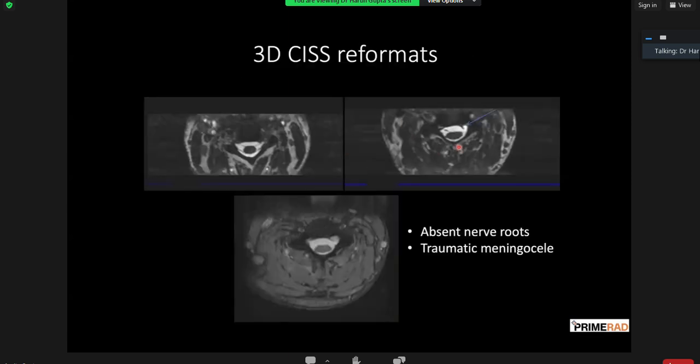And when you look carefully, the patient has completely torn off the roots from the cord. So there is complete disruption of the roots in the cervical spine. There is traumatic meningocele, pseudomeningocele, and complete disruption of the roots here. So that is the other thing which can sometimes be missed.